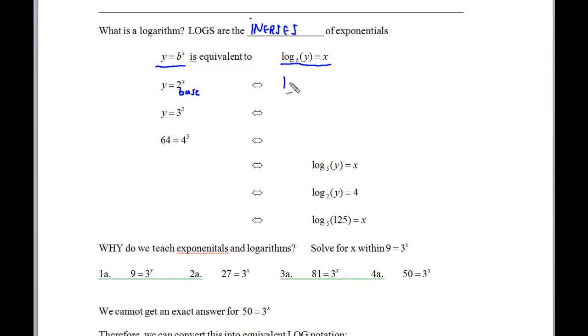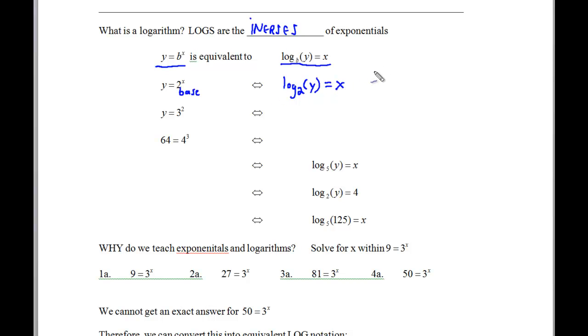So our log is going to be working in base 2. Now, the y of the problem is going to be next to the 2, and this is going to be read as log base 2 of y is x. You may want to write that down and say these out loud. Log base 2 of y is x.